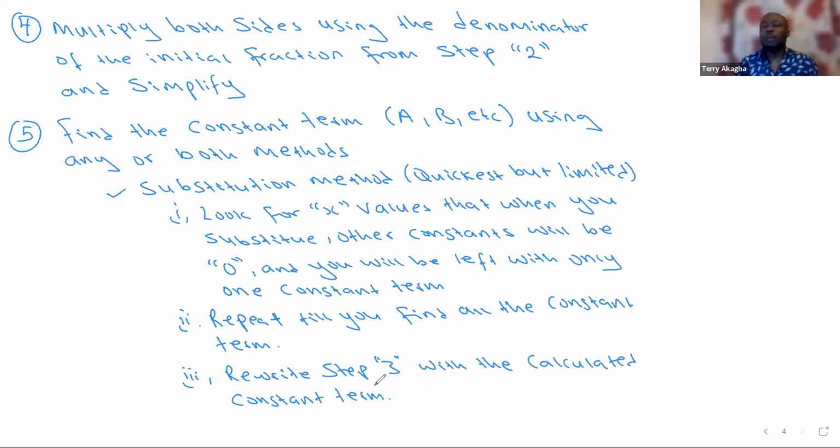So you have to rewrite step 3 with the calculated constant terms. But like I said, it's a very quick method, but it's very limited because there are only some cases where you can use the substitution method to get the answer.